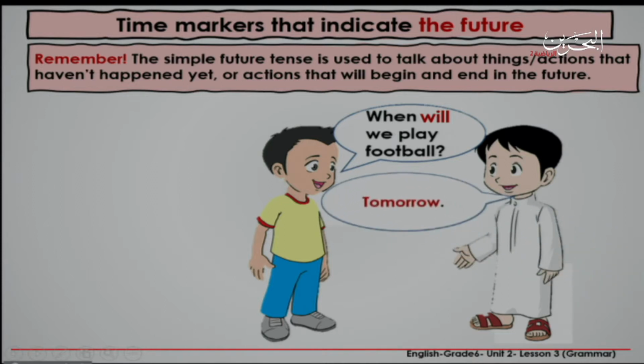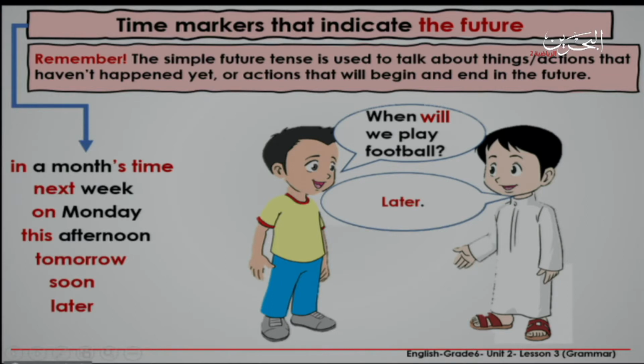Or we can say tomorrow. Soon. Later. Here are some examples of time markers that indicate the future. In a month's time, next week, we can say next month, next year, on Monday, on Tuesday, this afternoon, tomorrow, soon, later.